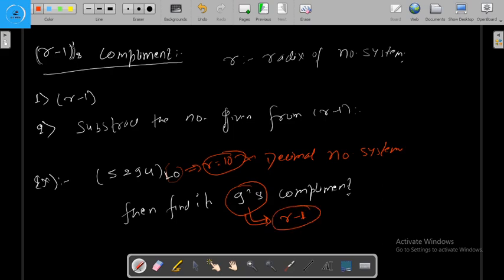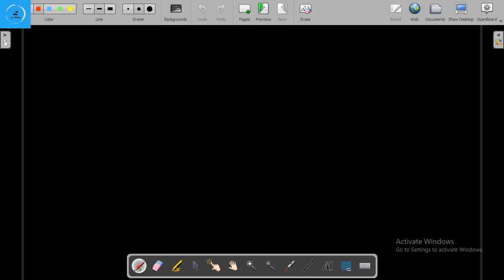What we have studied is that for performing the r-1's complement, first write r-1 and then subtract the given number from it. For the decimal number system whose radix is 10, r-1 will be equal to 9.